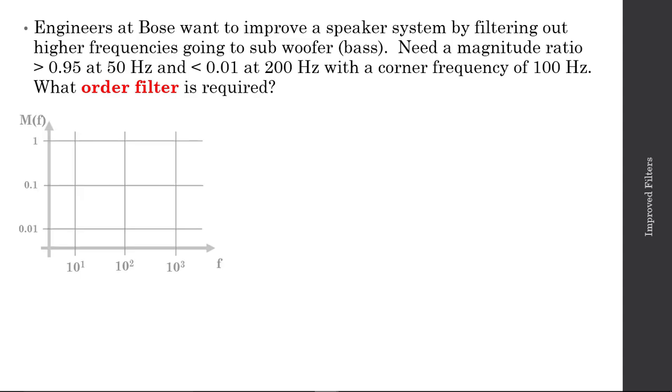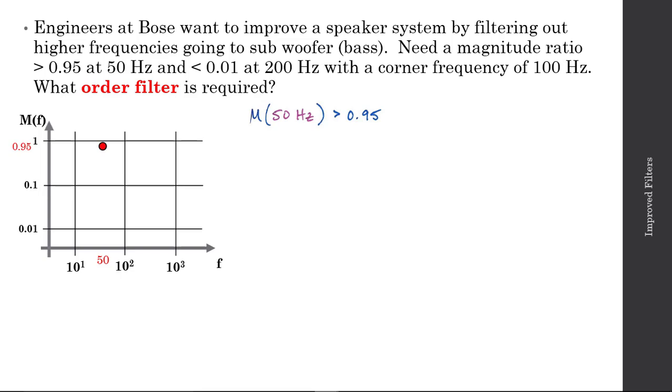Let's begin by writing down some of these requirements. So we have a requirement for a magnitude ratio at an input frequency of 50 hertz to be greater than 0.95. Graphically, for an input frequency of 50 hertz, I have a requirement for a magnitude ratio of 0.95. Our second constraint was a magnitude ratio of less than 0.01 at an input frequency of 200 hertz.